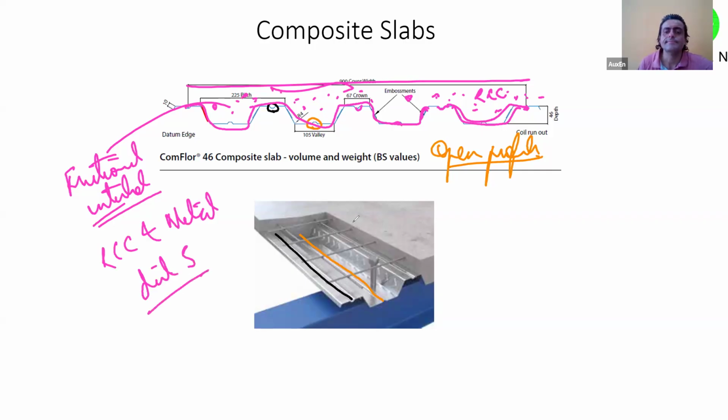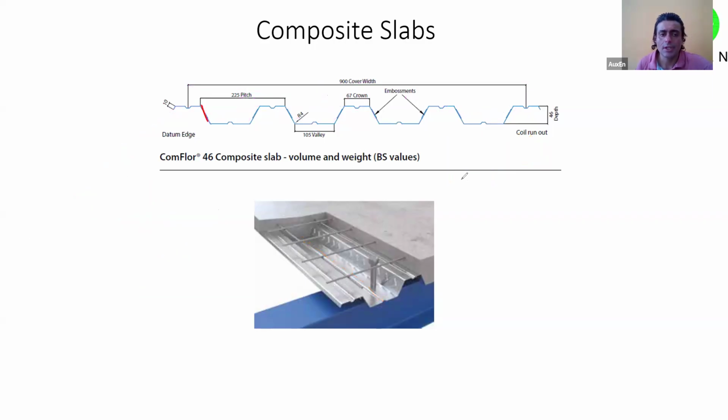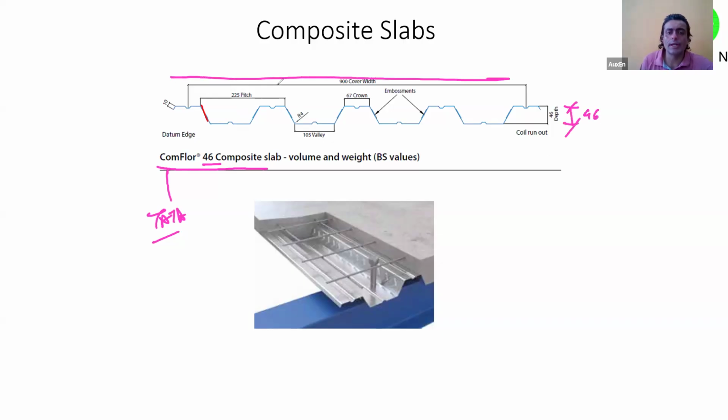And these are proprietary products made by your manufacturers. This is a deck slab manufactured by Tata Comfloor. Comfloor is their brand name for deck sheets, and this is 46. 46 is the thickness. On top of it, there will be concreting done later on. Is this clear so far?